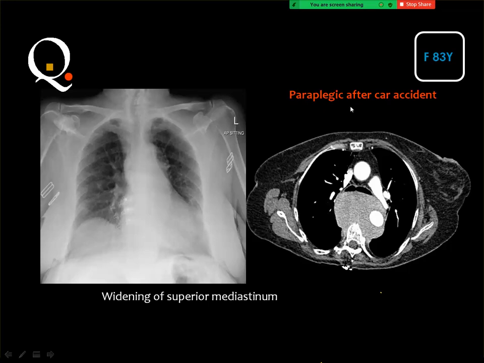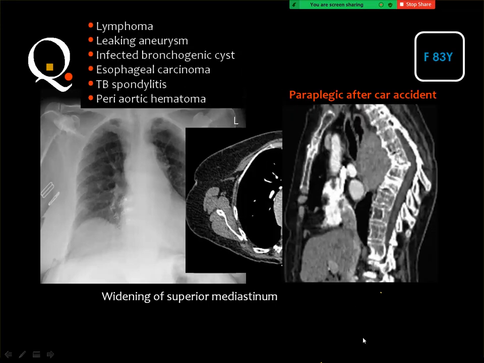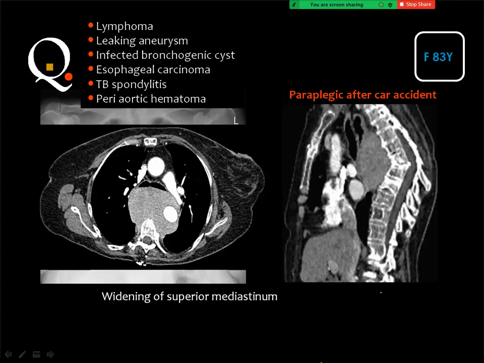This is very important. If the aorta is ruptured, I think that the patient will die at the scene of the accident. But you see, this is the CT scan, and these are the possibilities: lymphoma, leaking aneurysm, infected bronchogenic cyst, esophageal cancer, TB, spondylitis, peri-aortic hematoma.